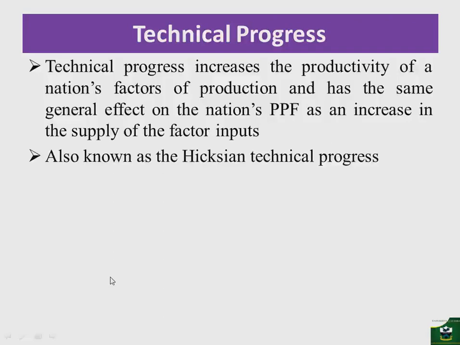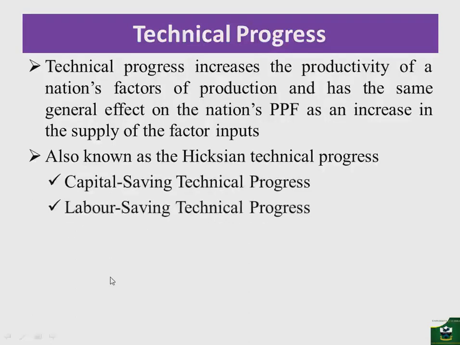With Hicksian technical progress, we define three types of technical progress. The first one is the capital saving technical progress, or K saving technical progress. Then we also have the labor saving technical progress, or L saving technical progress. And lastly, we will look at the neutral technical progress.